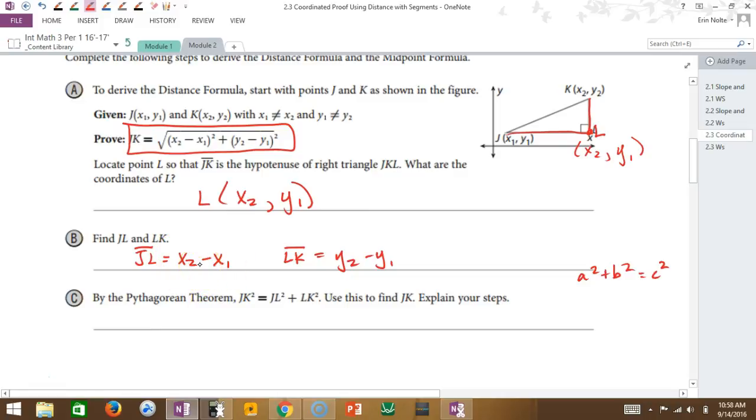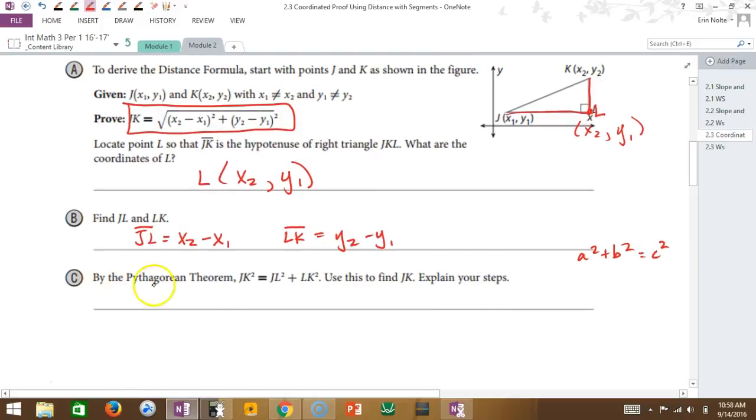Okay, so we can kind of pretend like the a distance is the distance from JL. So this is your value for your A. Your B is like your LK. So this is your B distance. Okay, so we're going to try to figure out what the C distance is.